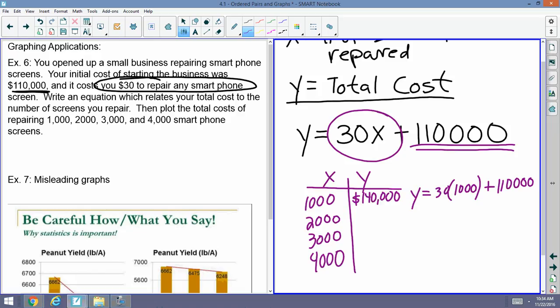If it's 2,000, well, what's my Y when X is 2,000? We have Y equals 30 times 2,000 plus 110,000. So that's 60,000 plus 110,000 is 170,000. And when X is 3,000, we got Y equals 30 times 3,000 plus 110,000, which equals 90,000 plus 110,000, which is 200,000.